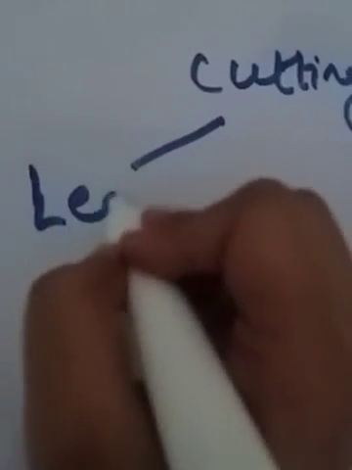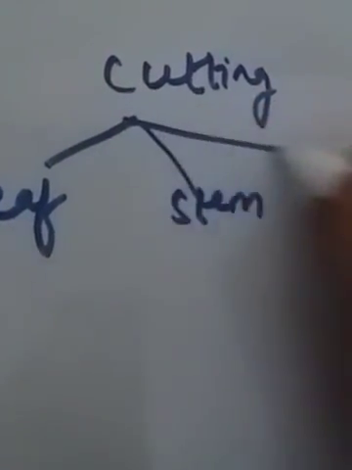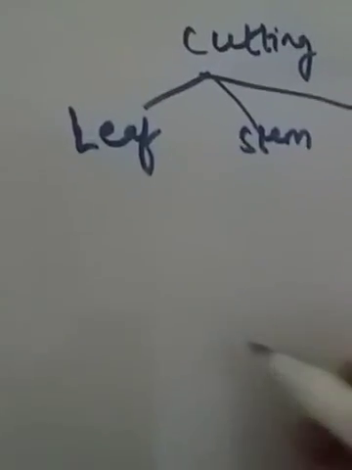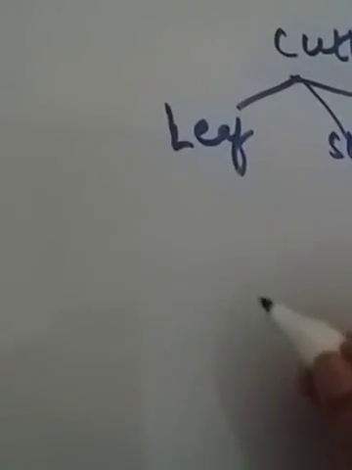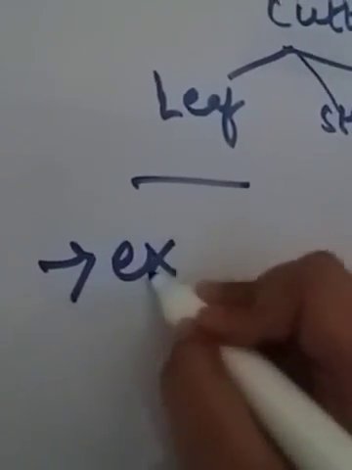In cutting we have three divisions: leaf cutting, stem cutting and root cutting. In leaf cutting, the example given here is the snake plant, sansevieria.